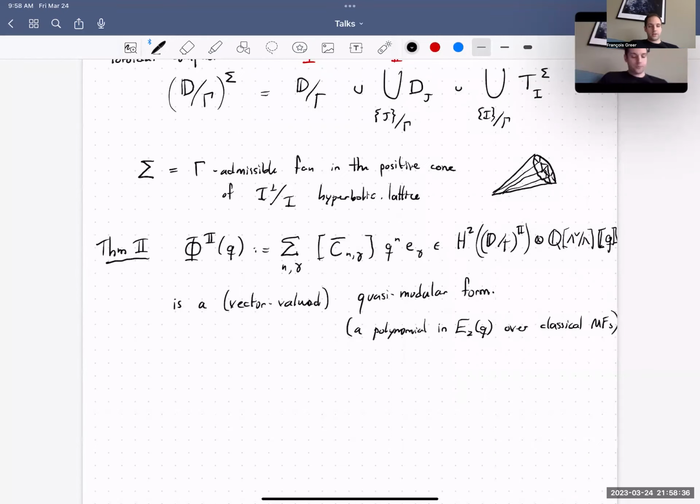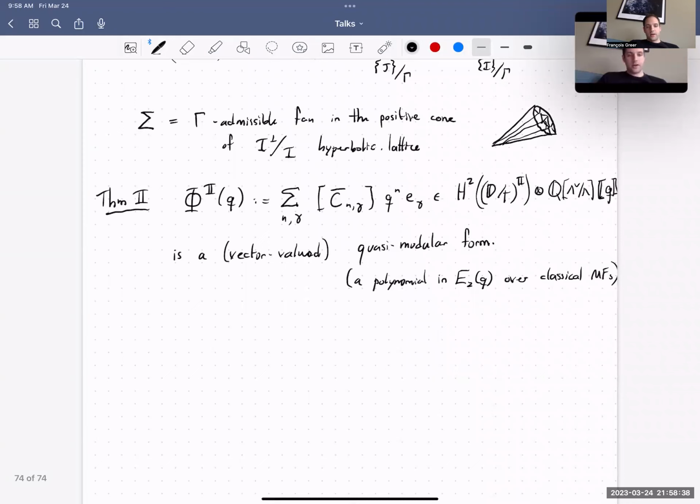All right, and then the second part of the theorem is that we can say precisely how the presence of E2 measures the boundary. So we can take the derivative with respect to E2 of this power series, E of Q, and we end up with a new power series, which is actually modular.